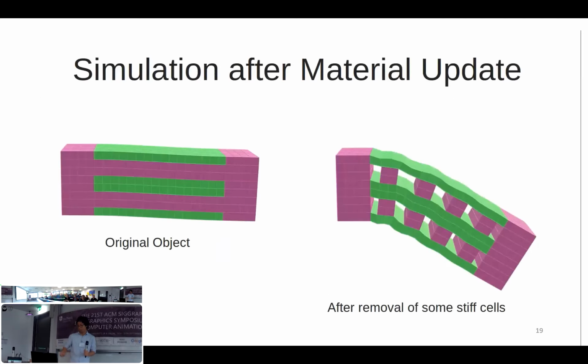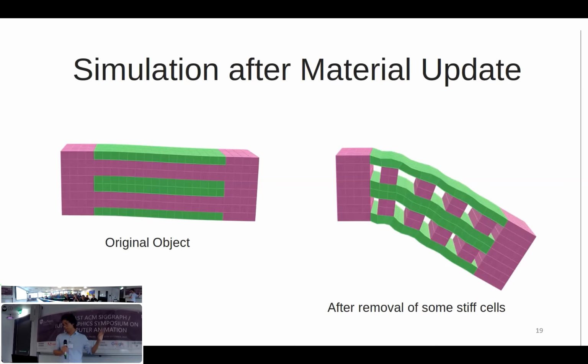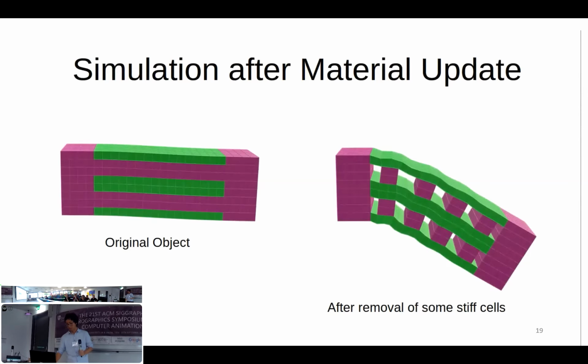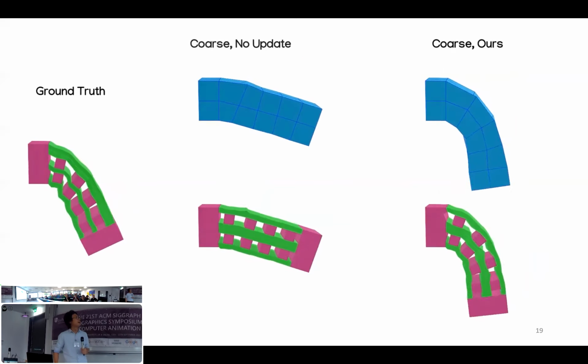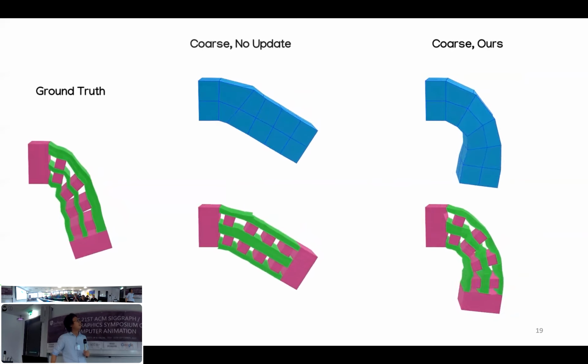Now let me show some demos. In this demo, we can update the model by removing cells within just half a second. And it's for all the coarse cells inside the model. And here is some result comparing the no update one and ours.